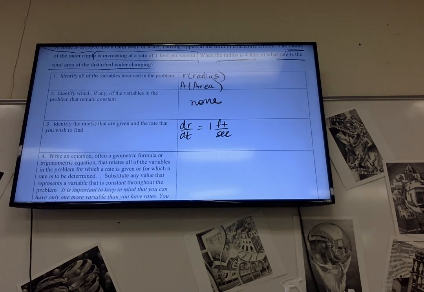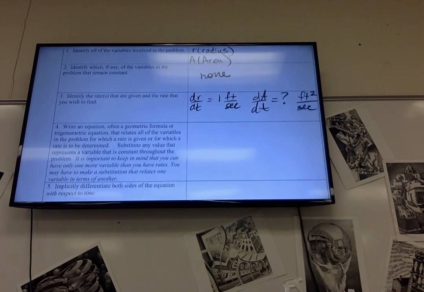The other one, dA/dt, we don't know. What would the units be? Feet squared, because it's area.